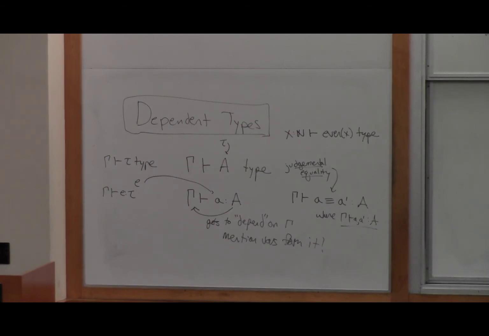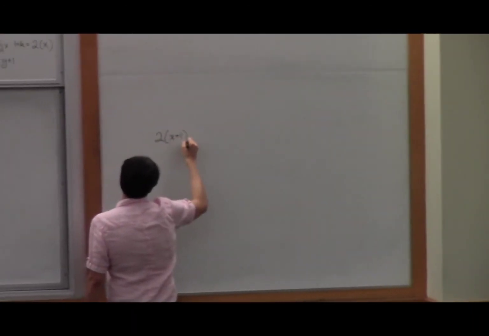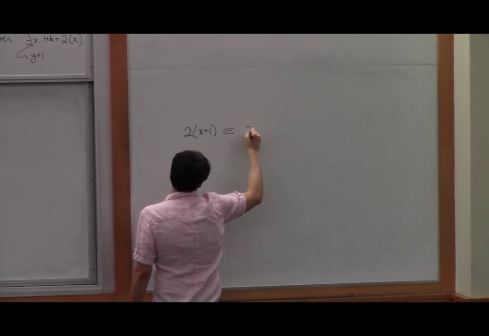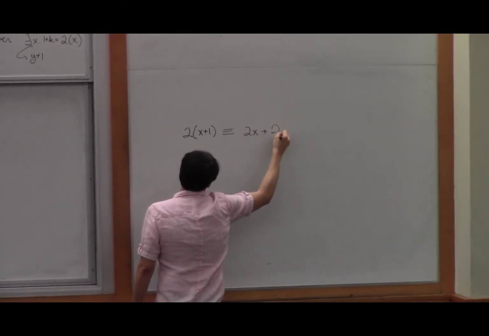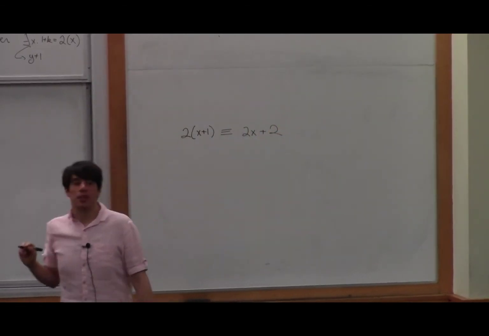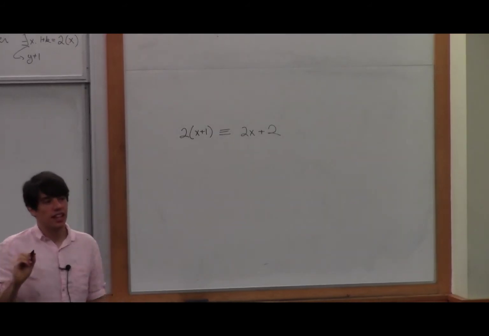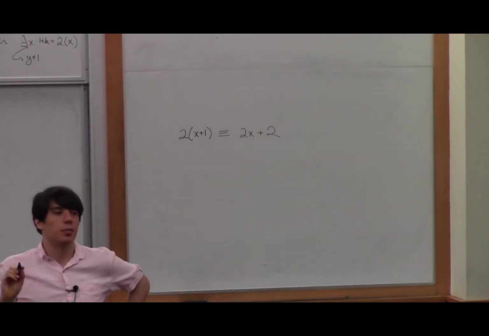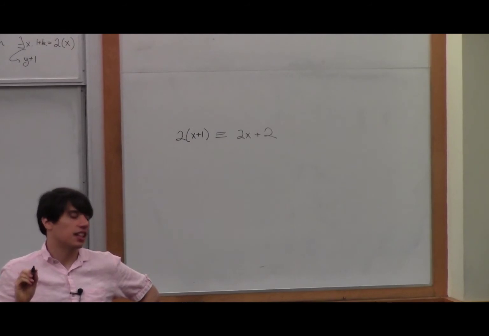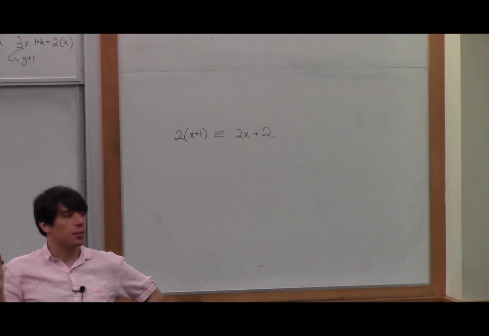It doesn't have like a universal property or something like that that defines it. But the way to think about it is, for example, maybe it's the case that 2 times x plus 1 is judgmentally equal to 2x plus 2, the fact that we used somewhere up there when we were checking that any successor of an odd number is even. Right? So you can think of this as including some basic computation steps.